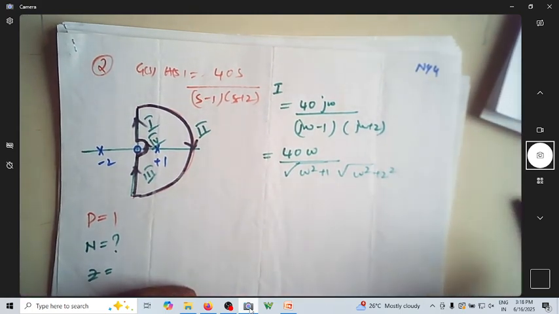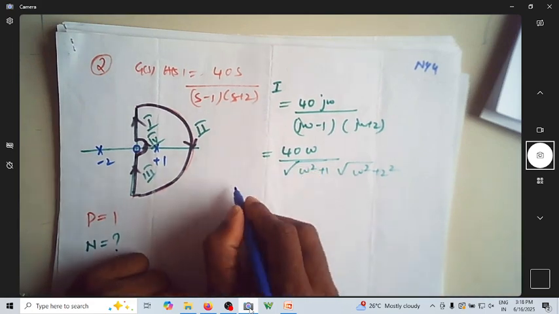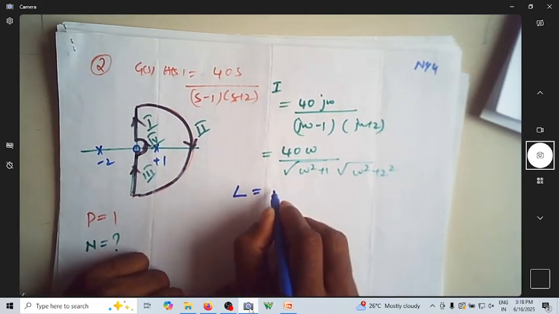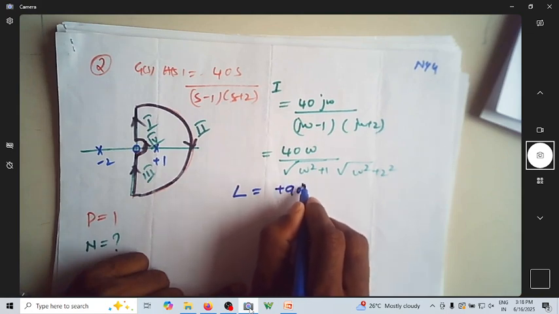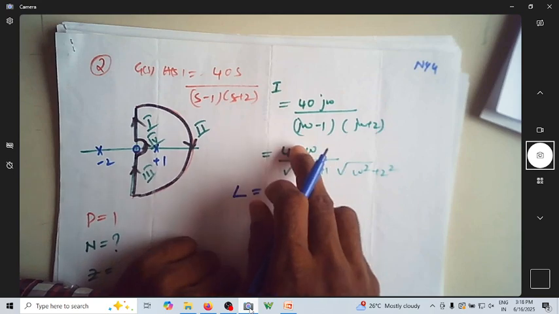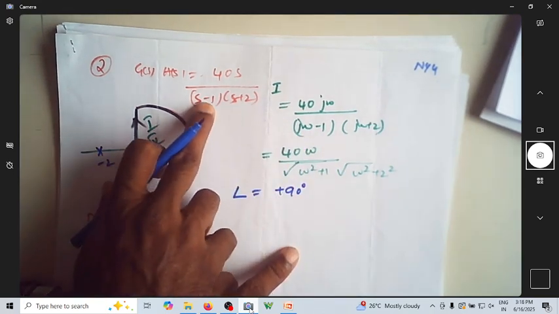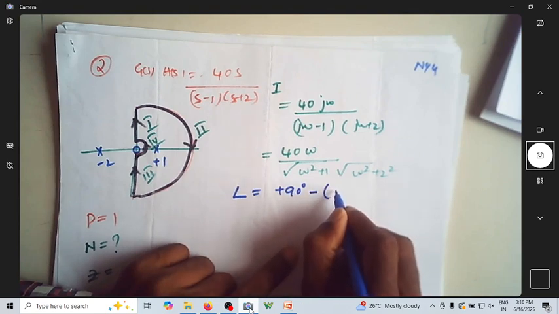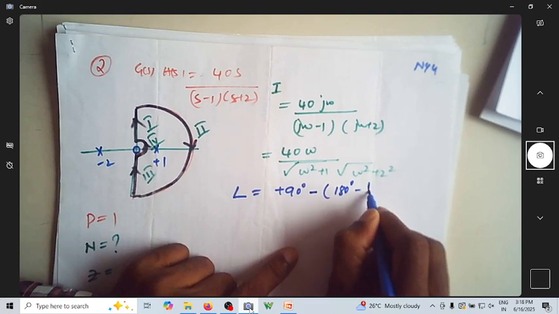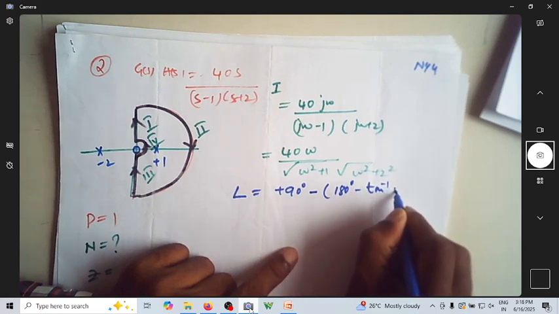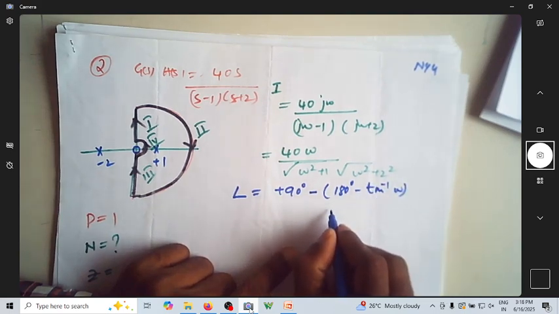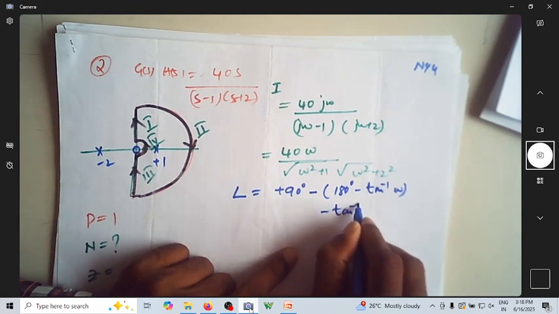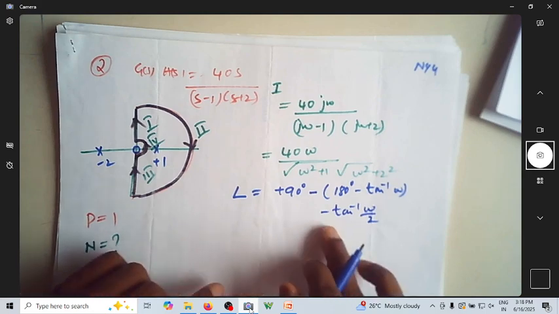That is the magnitude. The phase angle is plus 90 degrees, and since minus 1 is there, I have to do minus of 180 degrees minus tan inverse of ω, and minus tan inverse of ω by 2. That's my phase.